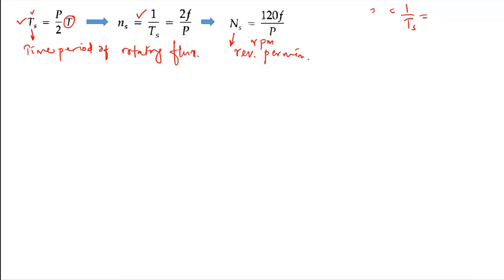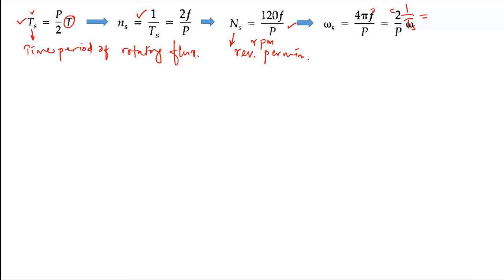So I can easily convert revolution per second because a second is nothing but 1 by 60 minute. Just I'll substitute 1 by 60. It will become 120 F by P, right? Okay. So now your Ns, that means the speed of the rotating flux in RPM, will be 120 F by P. And P is the number of poles per phase.